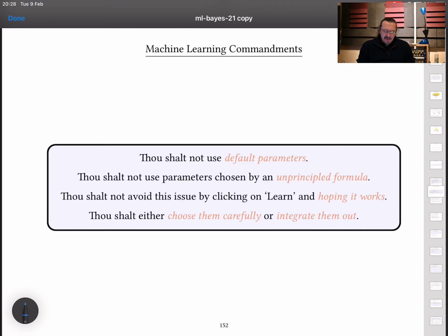And finally, the really important thing, you have to choose them carefully and give them specific values, or integrate them out. Now, what does that mean? Okay, well, that's a more Bayesian way of dealing with hyperparameters, which I'm going to come back to later.